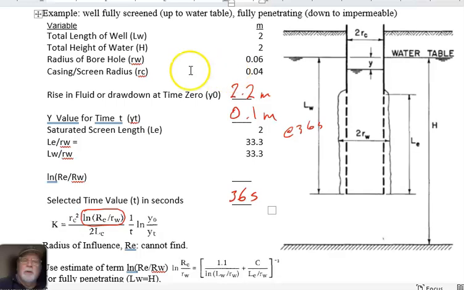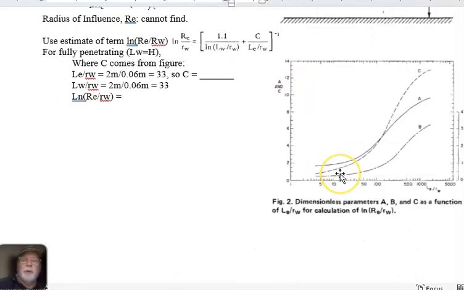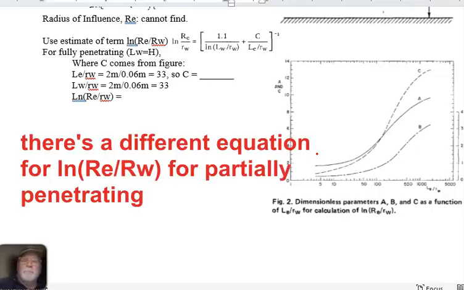The casing and screen radius is 0.04. Saturated screen length is also, in this case, 2 meters, equal to the other. It's screened over the whole interval there. All right, so we have this funky equation here, and we need to pick C off the graph for this. A and B are for other cases, when it's partially penetrating.